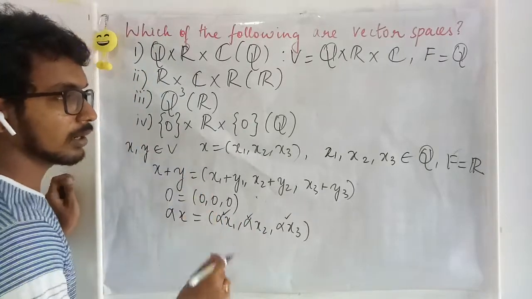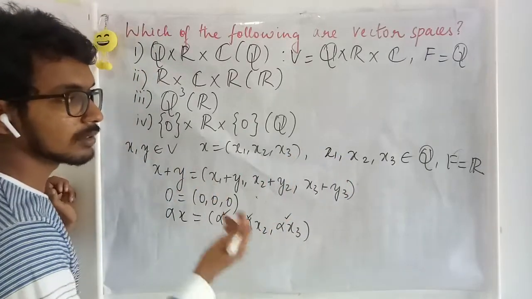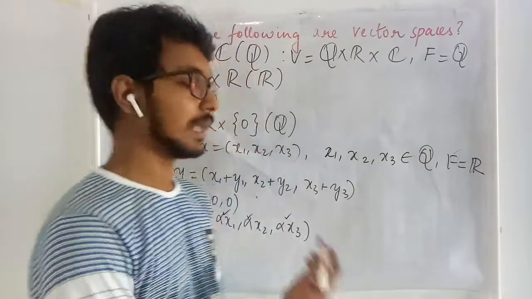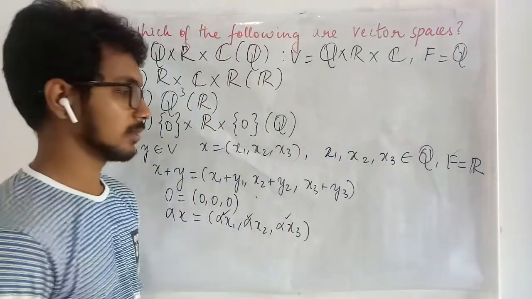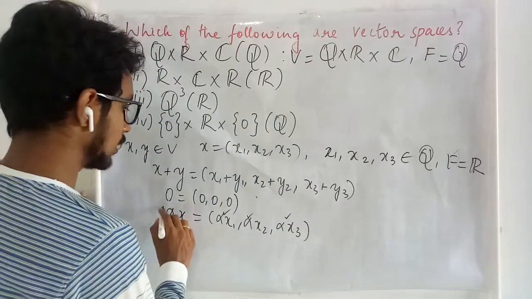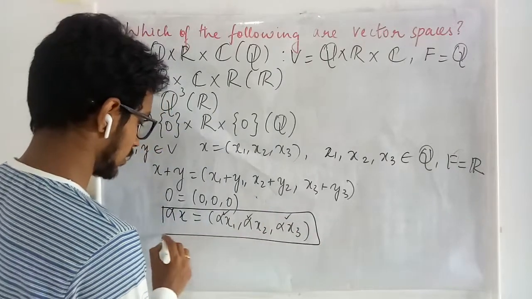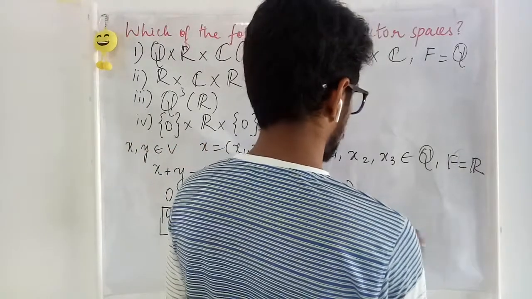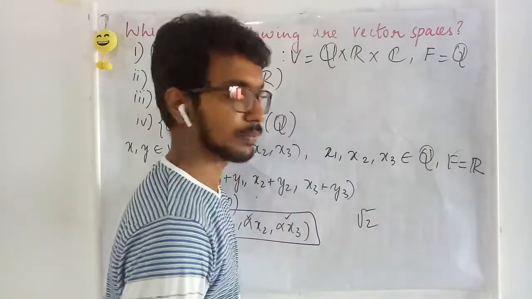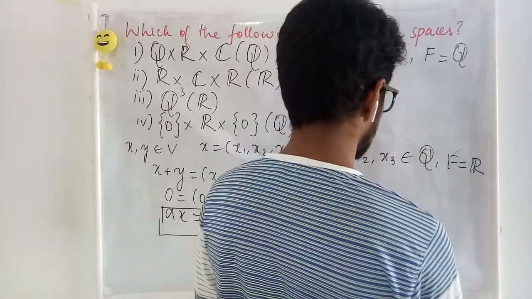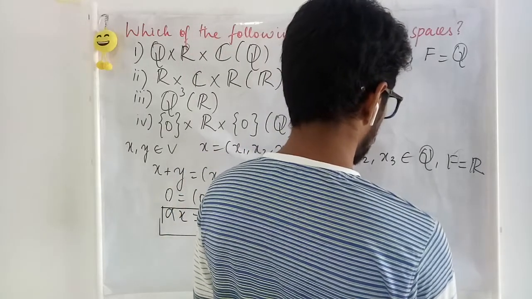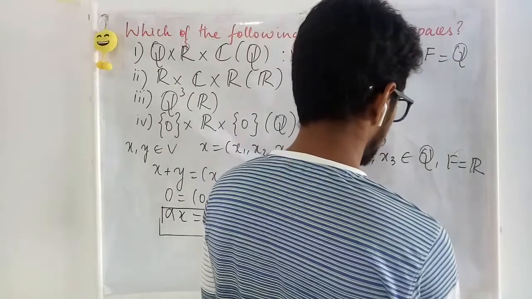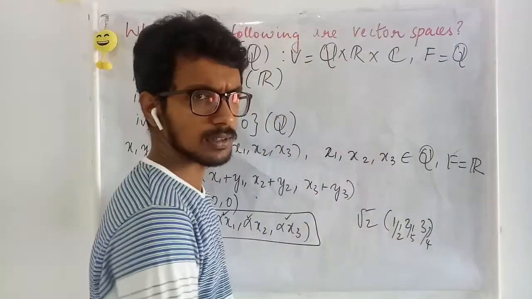The problem comes only when we deal with the scalar multiplication, because the scalars are to be taken from the set of reals and the entries are rationals. So is this a valid one? That is a question mark. For example, I am choosing a scalar root 2. My vector is going to be 1, 2, 3, or I may have 1/2, 3/4, 2/5, any kind of this thing.